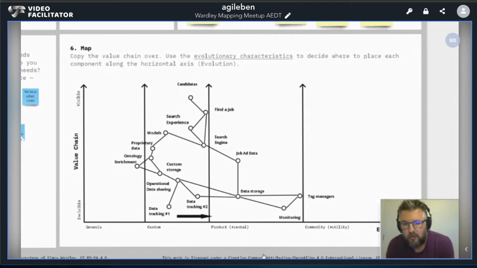And it was already leading to really interesting discussions and potential decisions, or at least things that we could go away and work on. So with this particular one, we were going, well, maybe the next step, rather than mapping out the next user need, is mapping where we thought our competitors were for the same user need.